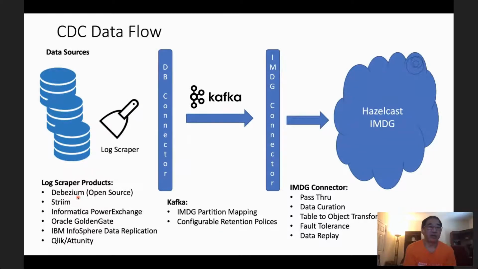So in summary, what you can see here is that we are taking data sources, in this case, Debezium that we are using, but we can also use StreamSets, Informatica PowerExchange, Oracle GoldenGate, IBM InfoSphere, and Qlik Replicate.